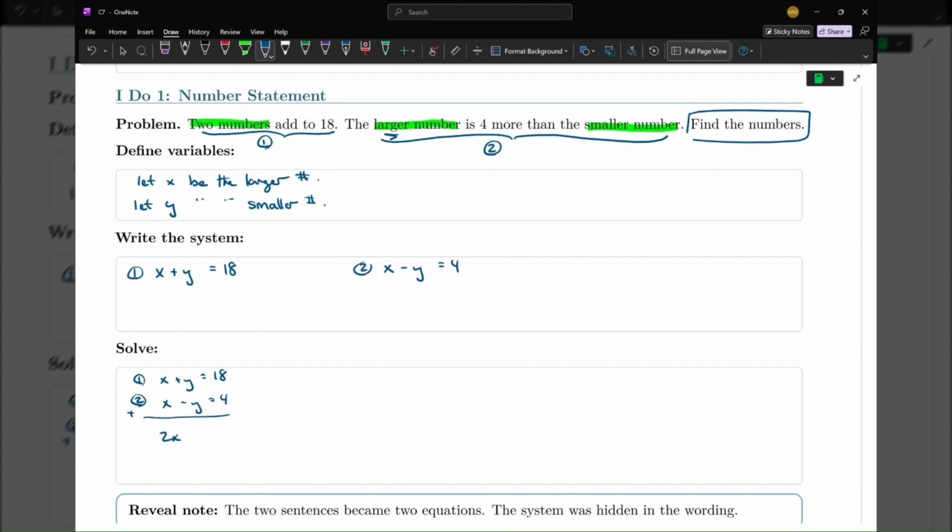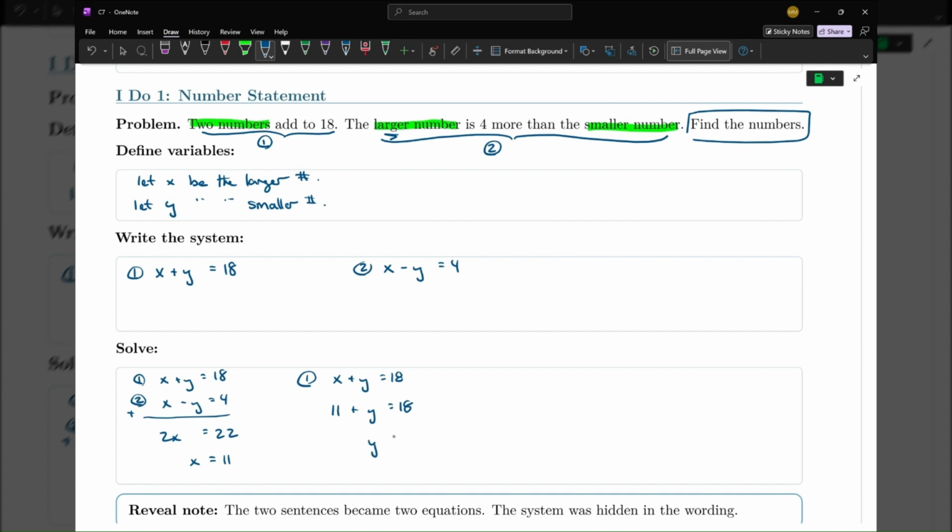And that's going to leave me with 2x, 0y equals 22. So that tells me that x is 11. Once I have x is 11, I'm going to go to either equation 1 or 2. Here I'll go to equation 1. x plus y is 18. I already know x. It's 11. So 11 plus y is 18.